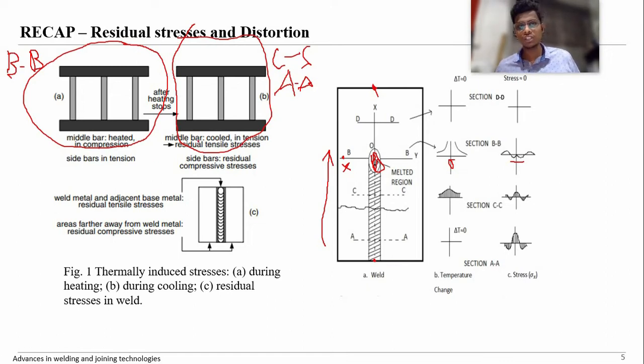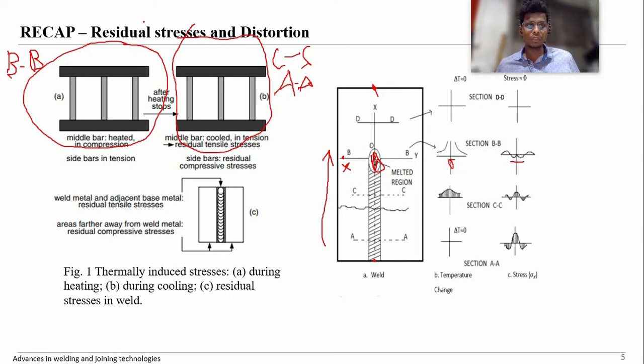That is called distortion. Whenever the magnitude of the tensile stresses is more than the yield point, deformation will happen. That is called distortion in weld joints.